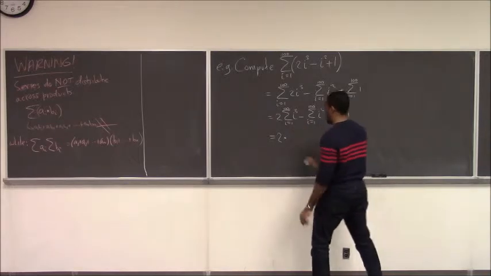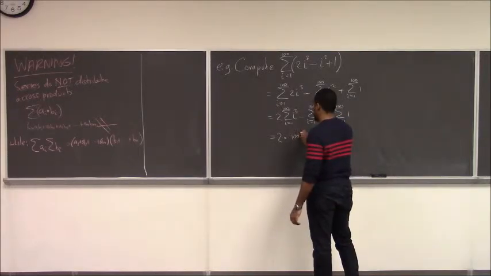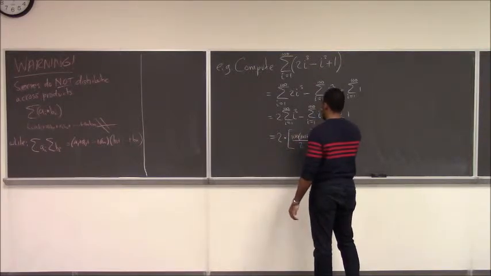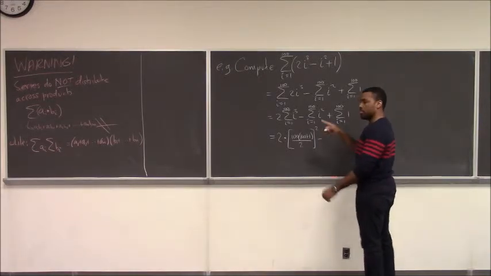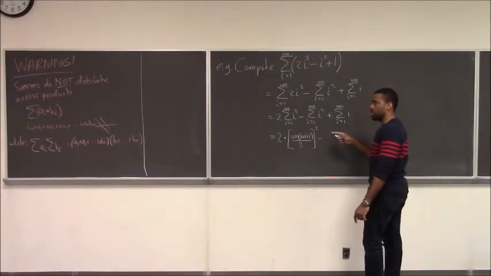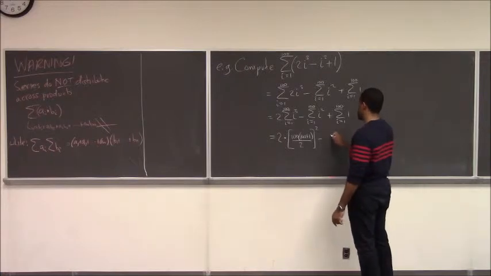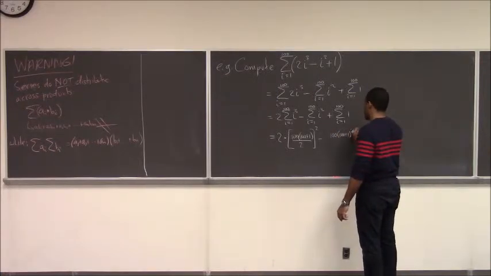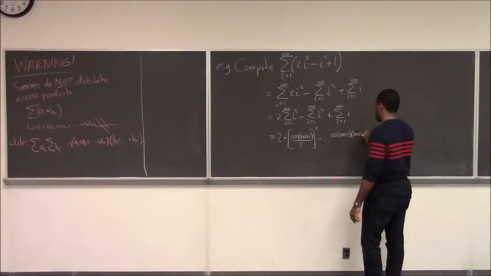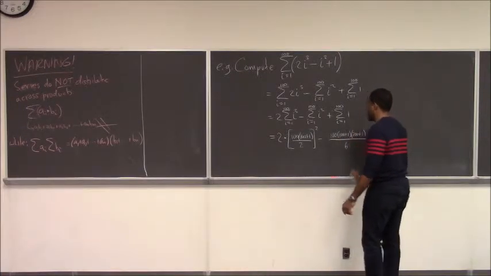The cube formula is actually n times n plus 1 all over 2, squared, minus, for i squared, that's n times n plus 1 times 2n plus 1 all over 6.